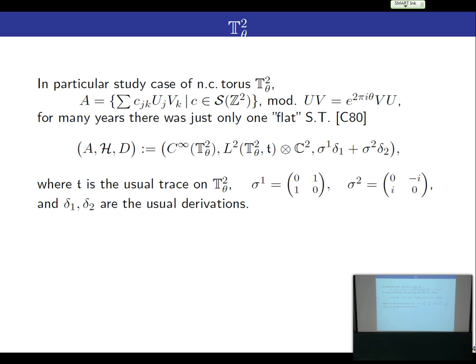In the particular case of the non-commutative torus, which as an algebra, the smooth algebra, is just Schwartz series in two generators with these commutation rules, where theta is a real parameter. For many years, there was just one flat spectral triple. It's already 34 years.